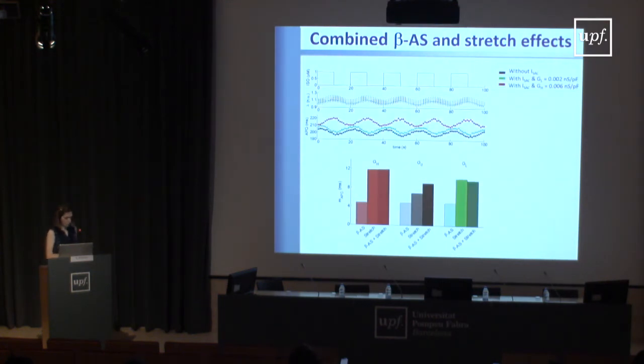So basically, what we got from that study was these oscillations in the action potential. We can look at this black graphic here, which shows how the APD evolves as a function of time.